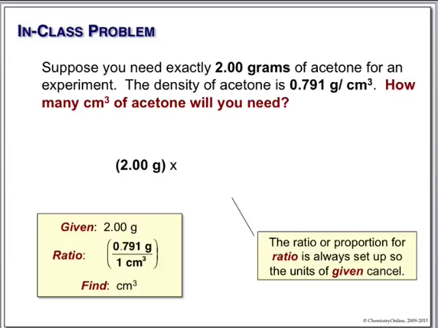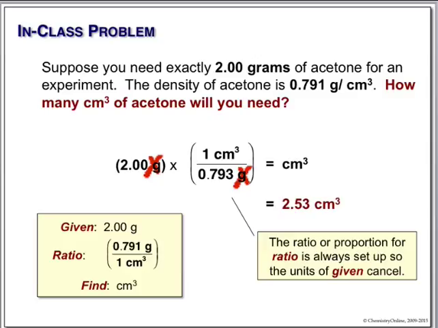We need to take our ratio and set it up so that the units we're given are in the denominator. So we're going to have to take this guy and flip it over, aren't we? So that grams is in the denominator. When we do that, grams can cancel, leaving only cubic centimeters. Do our simple math. We need about 2.53 milliliters.